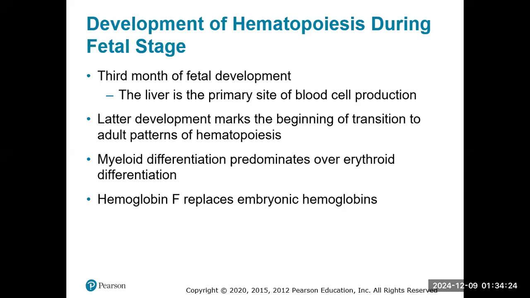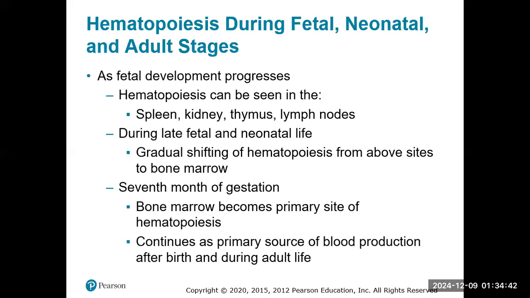And in the red cells, we moved away from our embryonic hemoglobins, Gower 1, Gower 2, and Portland, and now we're moving to hemoglobin F. That is our fetal hemoglobin, and that's the predominant hemoglobin that will still be there up until birth of the baby. As we develop beyond that fourth month, we start seeing hematopoiesis in the kidneys, liver, spleen, thymus, lymph nodes, our lymphatic systems, which helps with maturation of lymphocytes.